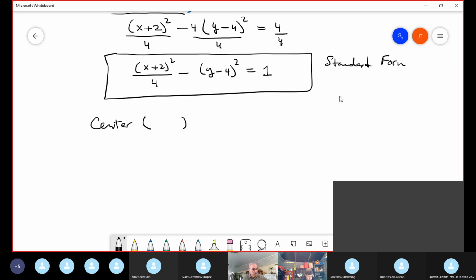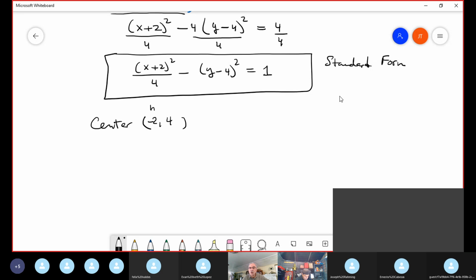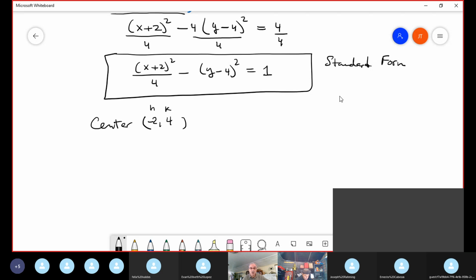No. Is it negative 2 comma 4? Jamil Diaz, my question was, who is H and who is K in this problem? H is negative 2, K is positive 4. Correct? Yes.